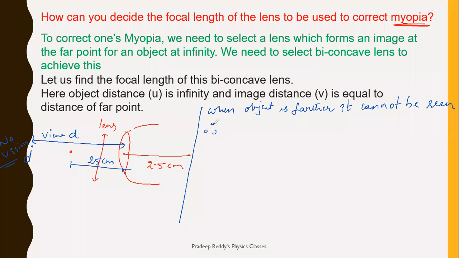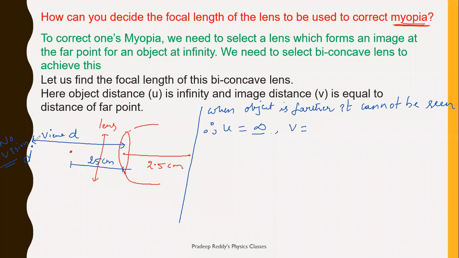So let me consider that u is equal to infinity. That means you are placing an object farther than D, anywhere beyond D. I am considering it as infinity because infinity will definitely be beyond D. Now, the image distance: you can see the object when it is at the location D, but beyond D you cannot, and less than D you can.